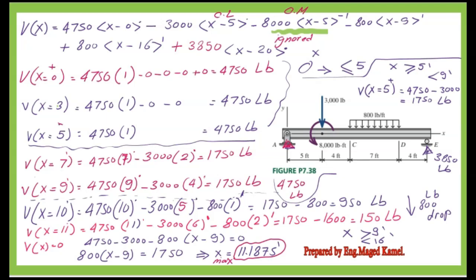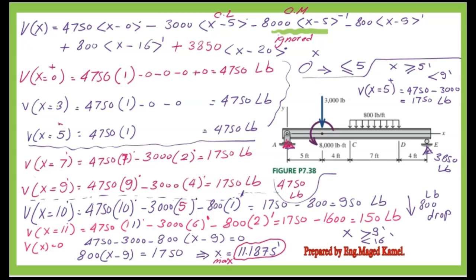We have V of x equal to 5 plus will be 4,750 multiplied by 5 raised to the power of 0 minus 3,000 multiplied by x minus 5 will be considered positive value raised to the power of 0 equals 1. So the V of x equal to 5 plus will be 4,750 minus 3,000 equal 1,750 pounds. We will ignore the item of the expression for the concentrated moment since it has no effect on the shear.